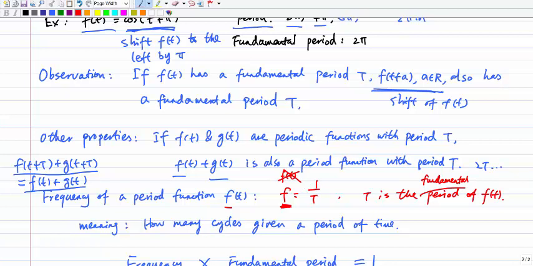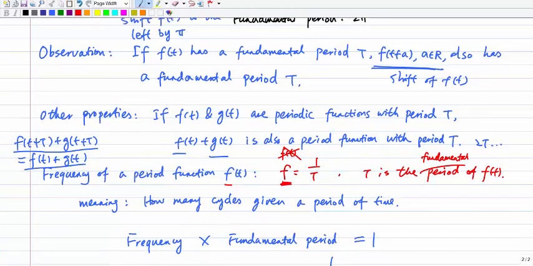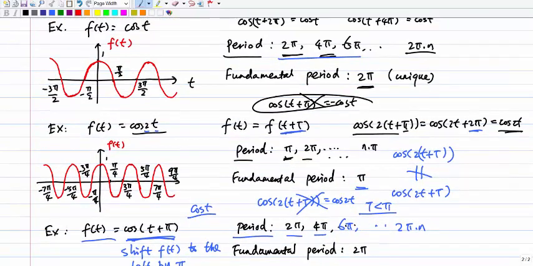The physical meaning of the frequency of a periodic function is how many cycles occur in a given period of time. For example, if I go back to the earlier example and give it a unit of time, how many complete cycles do I have? A cycle is defined as a period.